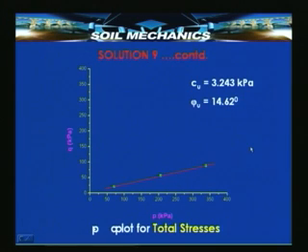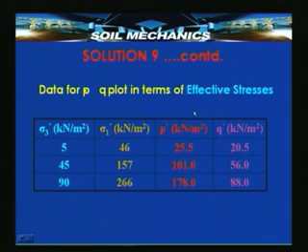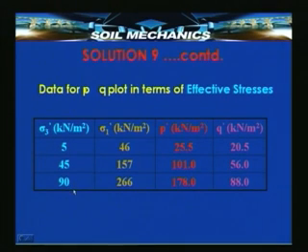If we were to use the effective stress parameters, then the data that we need for plotting the PQ graph is sigma 3 dash, this, after subtracting the pore pressure, and sigma 1 dash, this, after subtracting the pore pressure. P dash will be the addition of the 2 divided by 2, Q dash is the difference divided by 2.